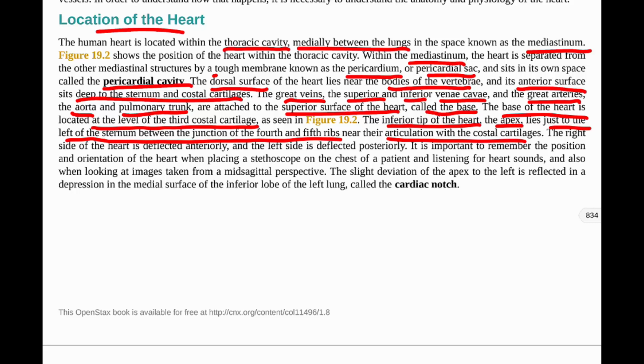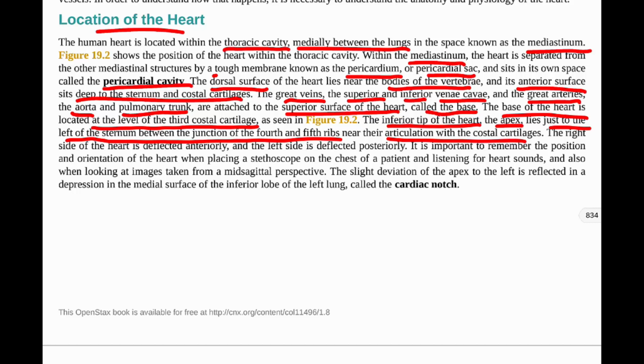So when we're talking about the apex and the base, it's important that you understand where they are located. The base is toward the back, the posterior top part of the heart where all of the great veins are attached, and the apex is the pointy part, a little more inferior or down on the body, and it lies to the left of the sternum.